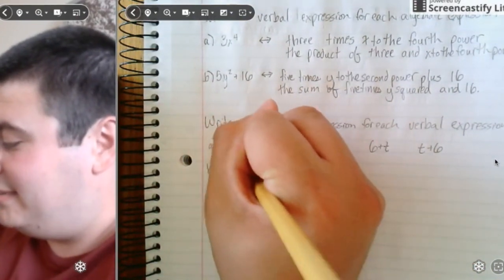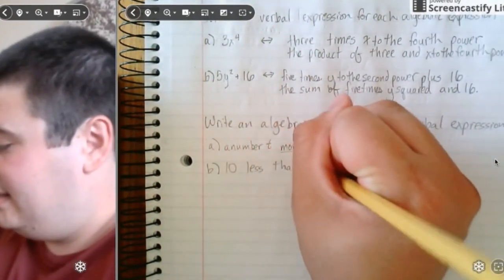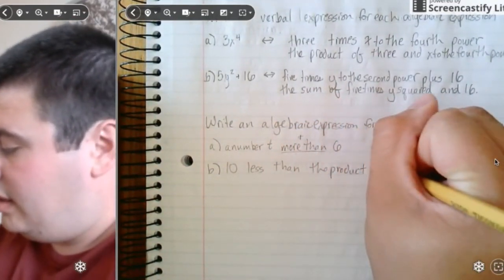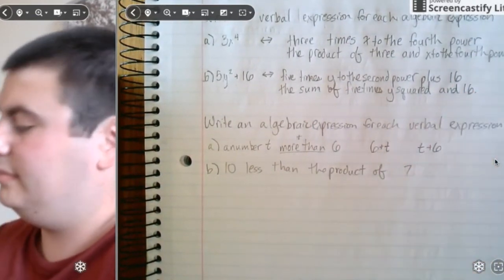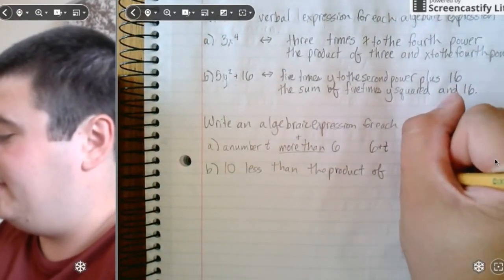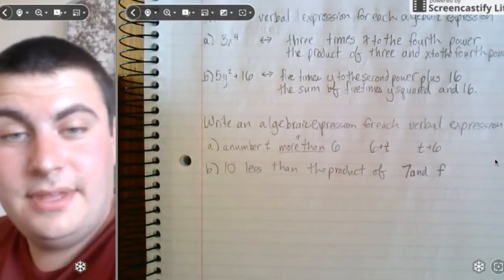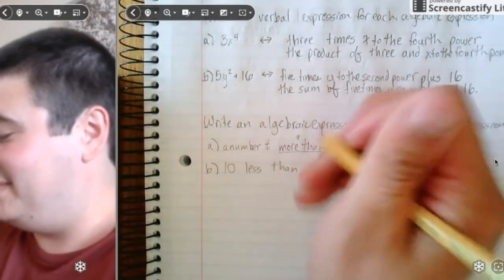Let's say we have 10 less than the product of 7, not 2, of 7 and f. So I am going to start with the product of 7 and f this time.